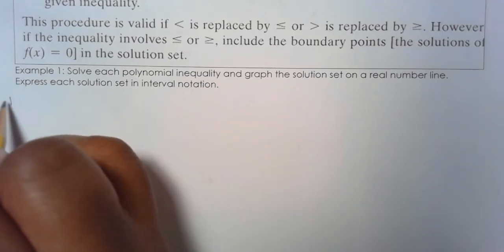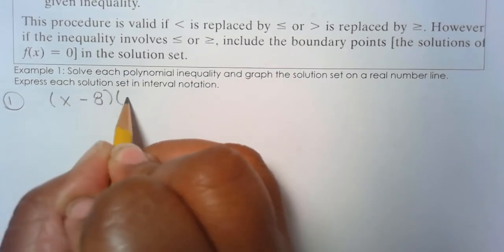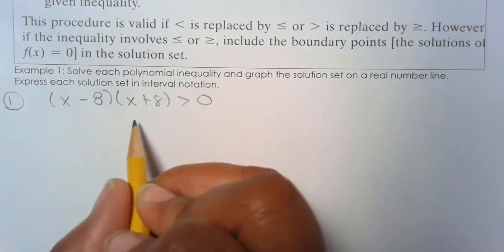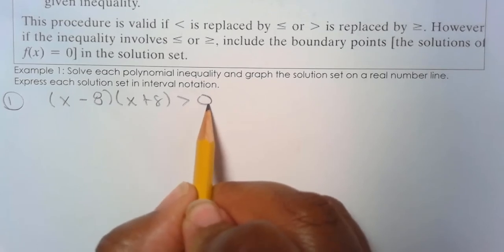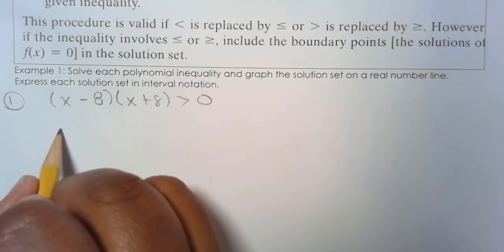And so for the first example, we have x minus 8 times x plus 8 is greater than 0. So yes, we do have our inequality where the 0 is by itself. This is what we want. So then it says we're going to solve the equation.